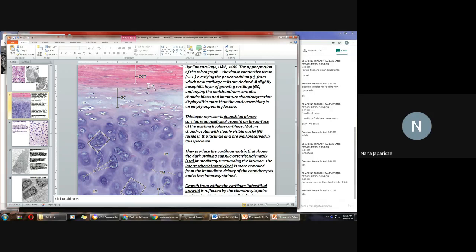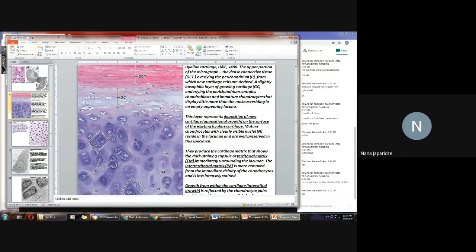Usually this perichondrium is where? On the periphery of cartilages. Yes, cartilage is surrounded, covered with the perichondrium. And these perichondrial cells proliferate and differentiate into the chondroblast cells. Chondroblast cells are able to proliferate further and they differentiate into the chondrocytes.